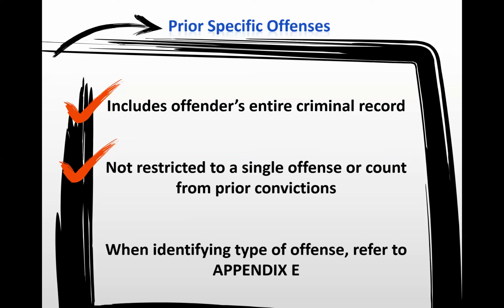And when users are identifying the type of offense, you should always refer to Appendix E for a clear understanding of which offense fits in which category.